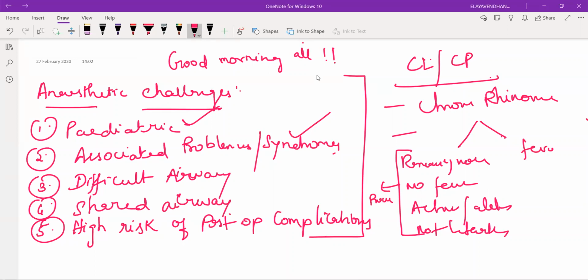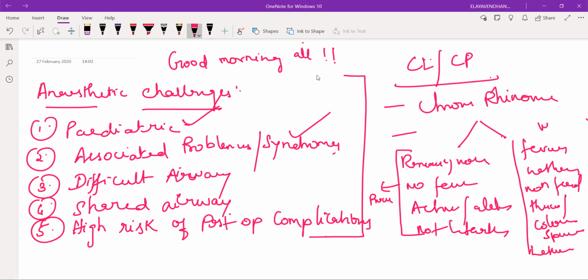Whereas when you have a high fever, a lethargic kid, a non-feeding kid, thick secretions or colored sputum, when these problems are there, wait. And if there is any active wheeze.